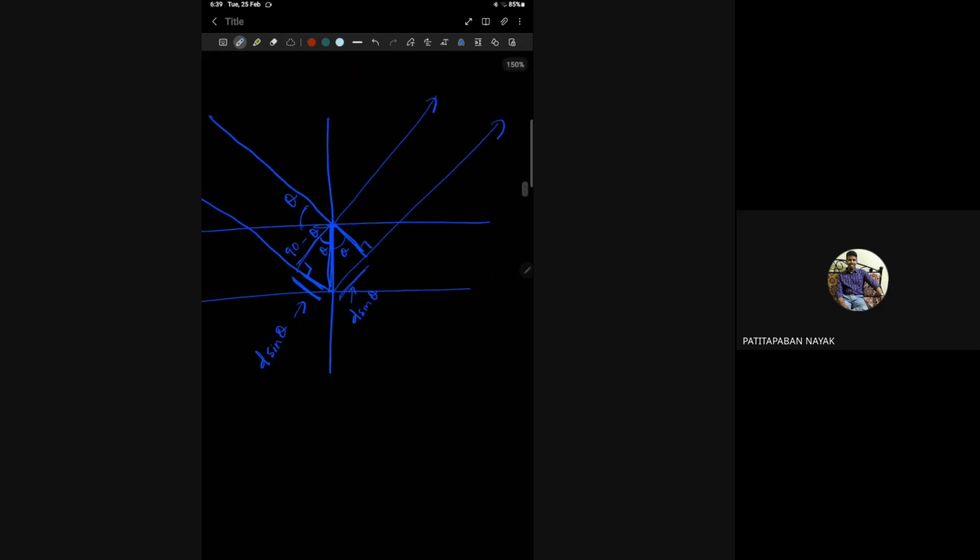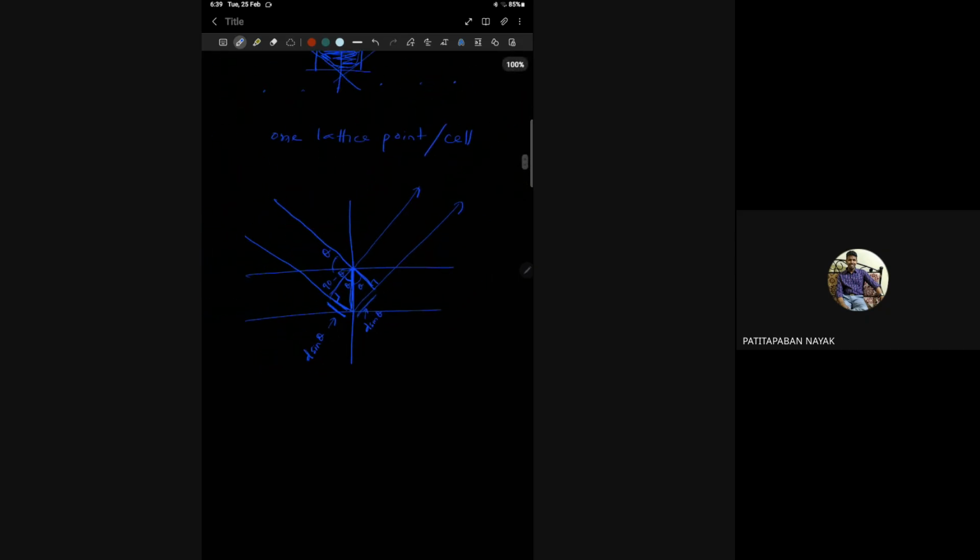So the total path difference would be d sin theta plus d sin theta, which is equal to 2d sin theta.